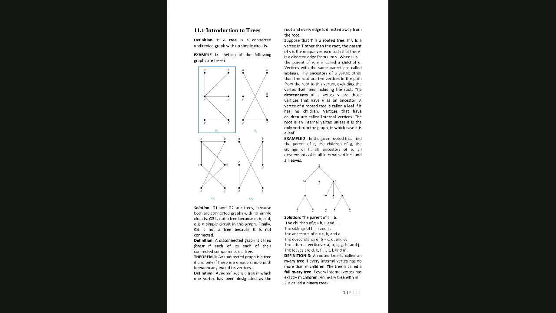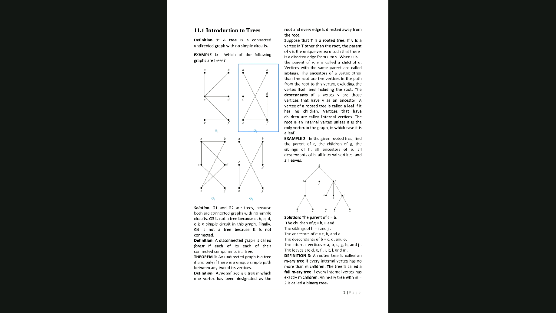Now similarly we will check in the second graph. Is this graph a tree or not? First we check it is connected. See here F, E, B, D, F. All this is juz wahid, mean connected.